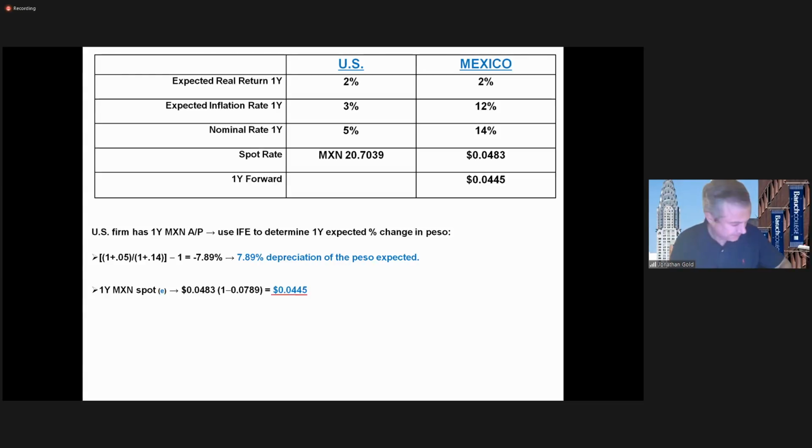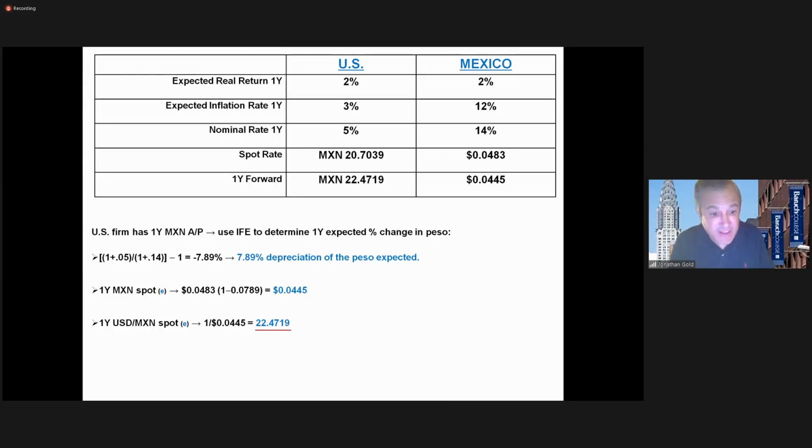Well then, let's go through one more problem before we break for this evening that uses the Fisher effect. And so, what did we do here? We got the 1 year Mexican spot, and then we gave you the dollar spot. How do we get the dollar spot? All I did for the dollar spot was take the inverse of the Mexican spot to give us the expected dollar spot.